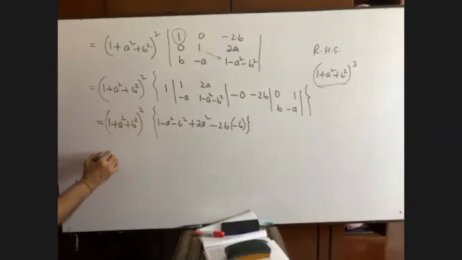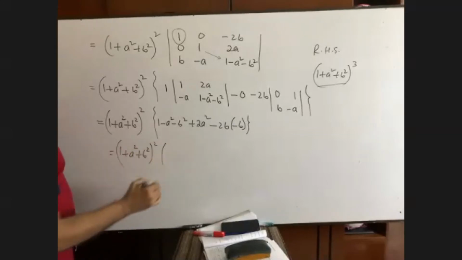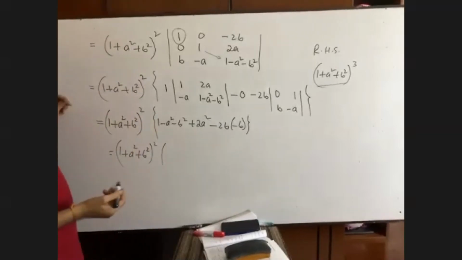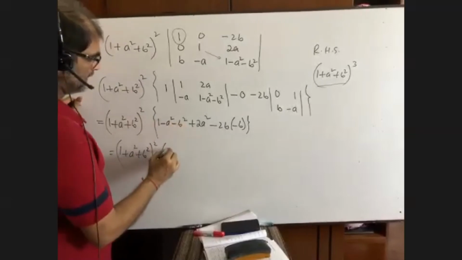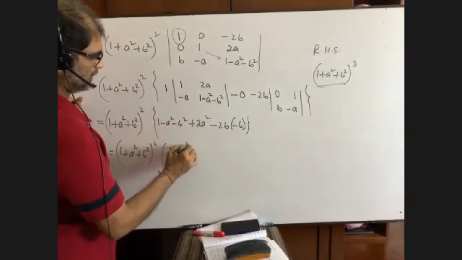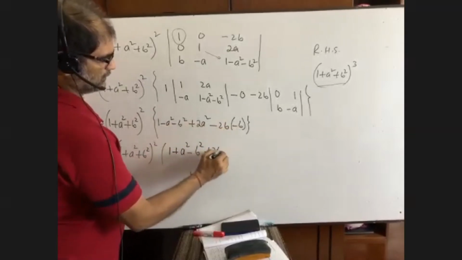Now you calculate it. 1 plus a square plus b square whole square is equal to, we are getting here 1 plus a square minus b square minus minus plus 2b square.